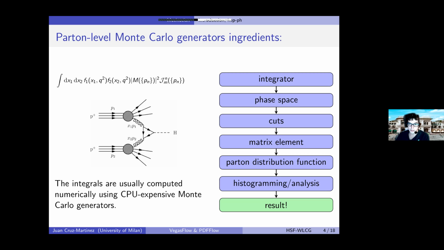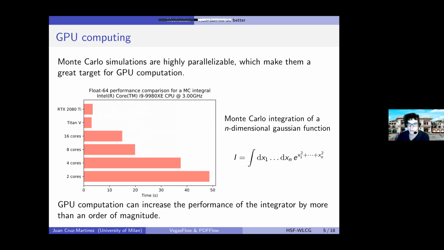And since this is usually done using Monte Carlo methods, it is one of the most parallelizable things I can think of, because each event is completely independent of every other event to first approximation.